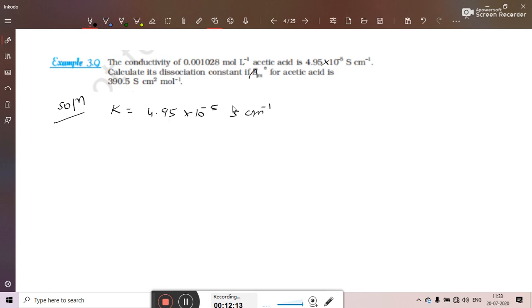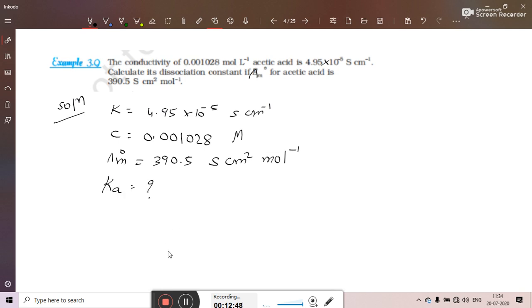Now lambda m naught is given and concentration is given. So concentration equal to 0.001028 mole per liter, that is molar, and lambda m naught is given for acetic acid, that is 390.5 Siemens centimeter square mole inverse, and we have to find out the dissociation constant of the acid, that is Ka.